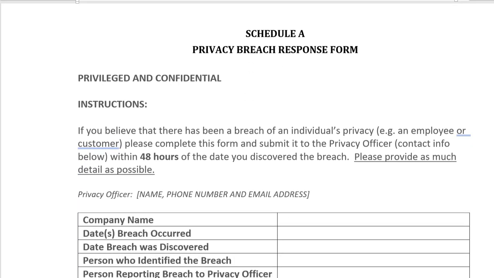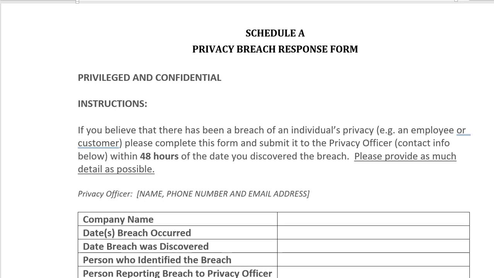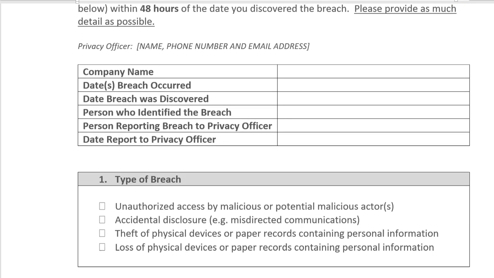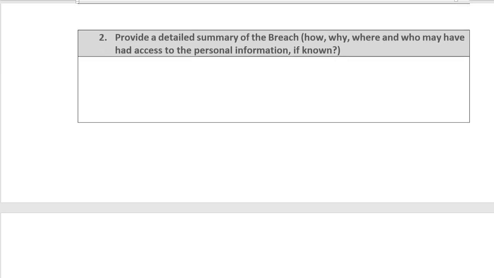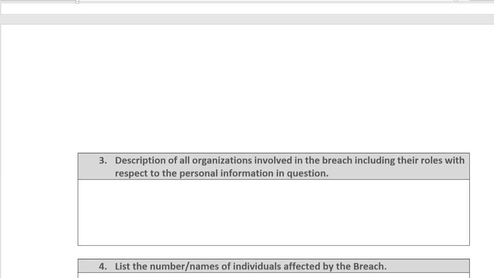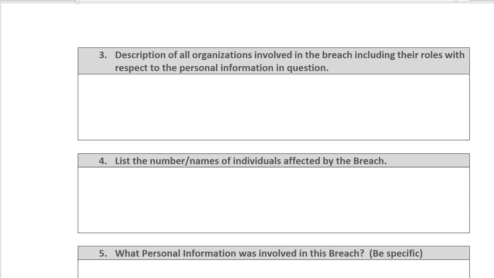In Schedule A, this is a breach response form. Once you believe that there's been a breach, you're going to use this form to capture all the relevant information. You'll tick the boxes and determine whether or not it's an unauthorized access, whether or not there's been accidental disclosure. You provide a detailed summary of the breach, for example, and who has been involved, their respective roles.